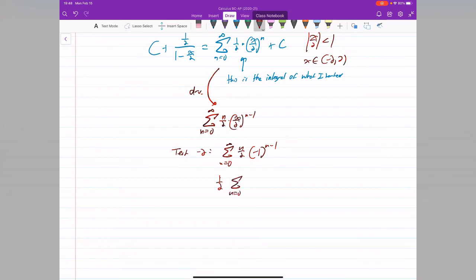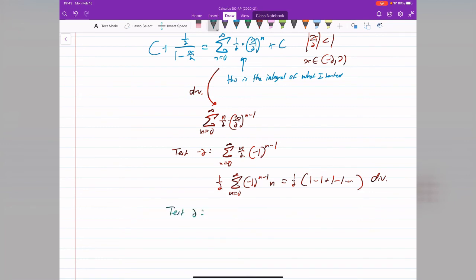I get the sum from n equals 0 to infinity of (negative 1) to the n minus 1 times n. Well, that's going to be 1/2 times 1 minus 1 plus 1 minus 1. That does not converge, that diverges, because its sequence of partial sums does not converge. I know it seems like the sum would be 0 or 1 or negative 1, depending on how you group your terms, but with the ambiguity and uncertainty, you have to say that that diverges.